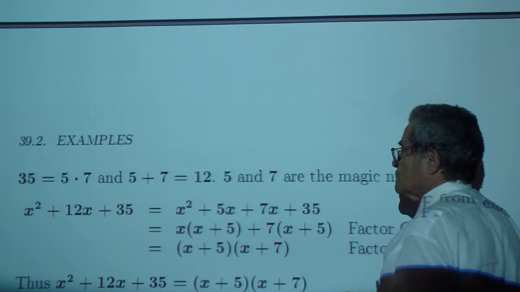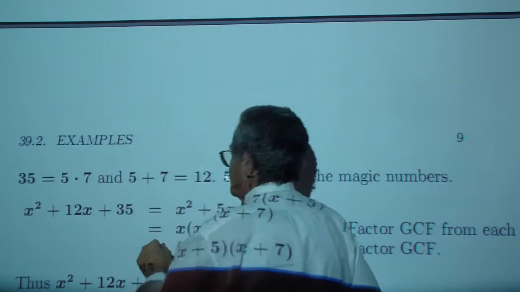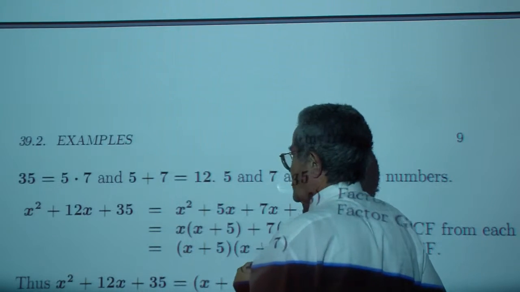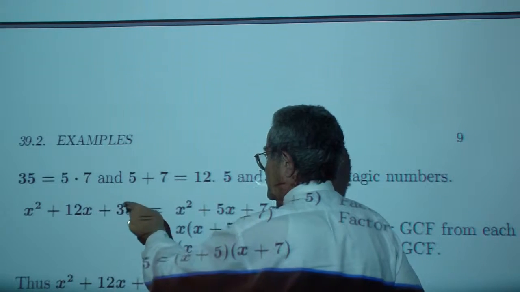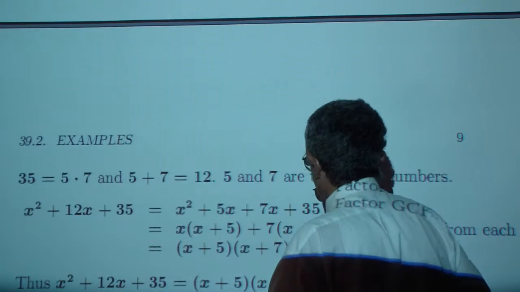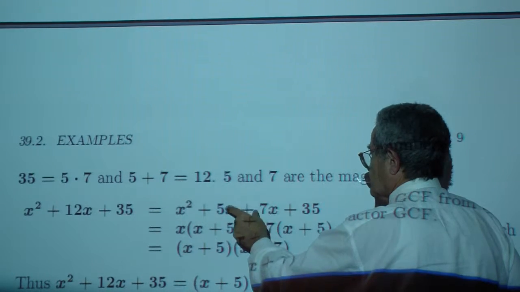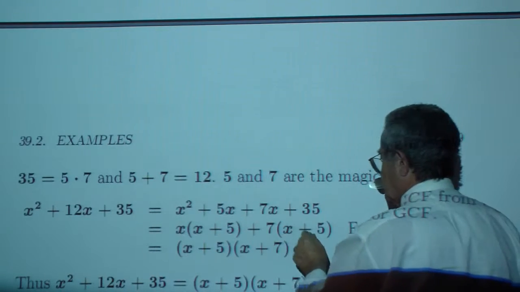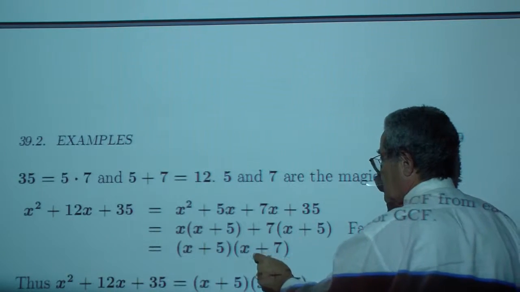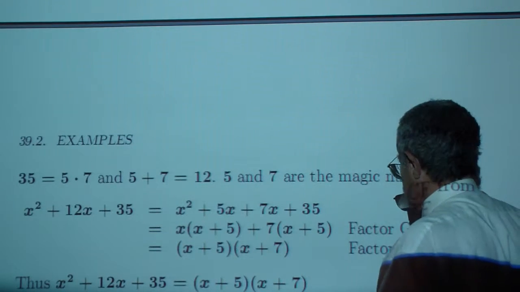Oh, if I have 1 times x squared, frequently I can look at it and see what gives me 12, like 7 times 5 and 7 plus 5. So you can do what we did previously. You can split the middle term. You can factor, get an x plus 5, and you're left with x plus 5 times x plus 7.